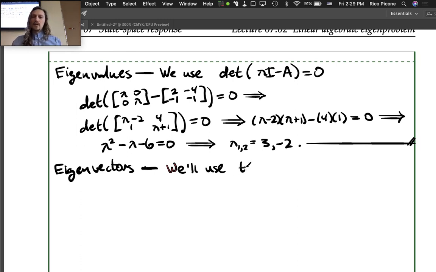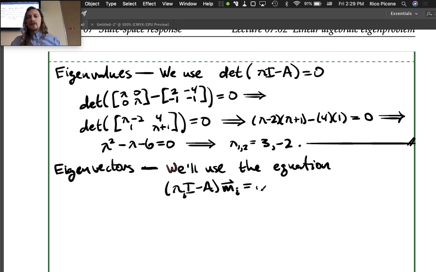So we'll use the equation that lambda I minus A times an eigenvector m. So we'll say this for a specific one. So lambda sub i and m sub i. So for some eigenvalue eigenvector pair, this should be the 0 vector. That just comes from the eigenproblem, or the definition of the eigenvalue eigenvector problem.